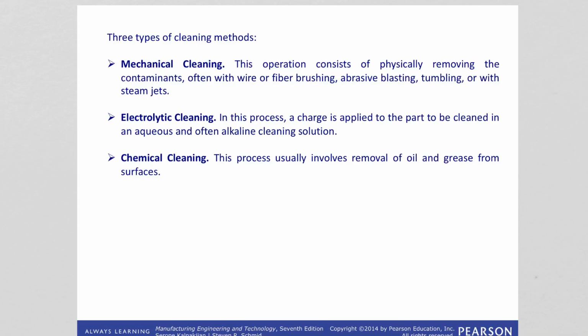Or there is electrolytic cleaning. The charge is applied to the part to be cleaned in a solution. The charge develops bubbles of hydrogen and oxygen, and these bubbles are abrasive, and they help remove contaminants from the surface.